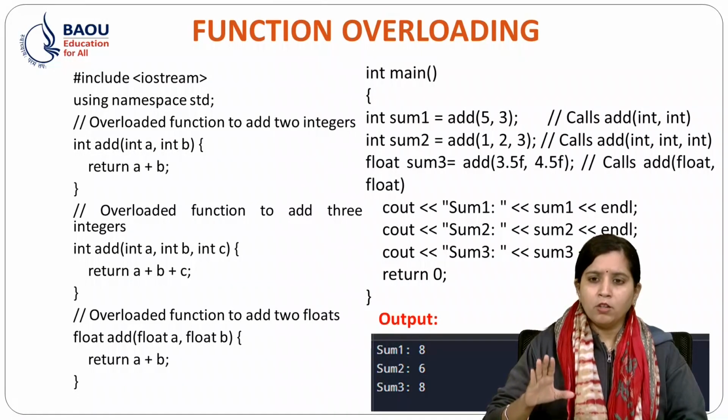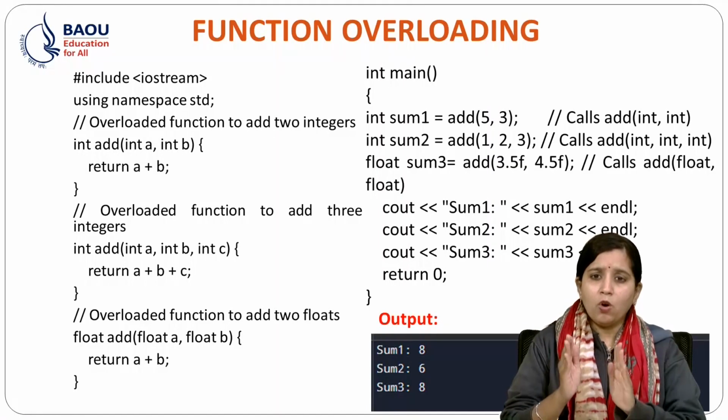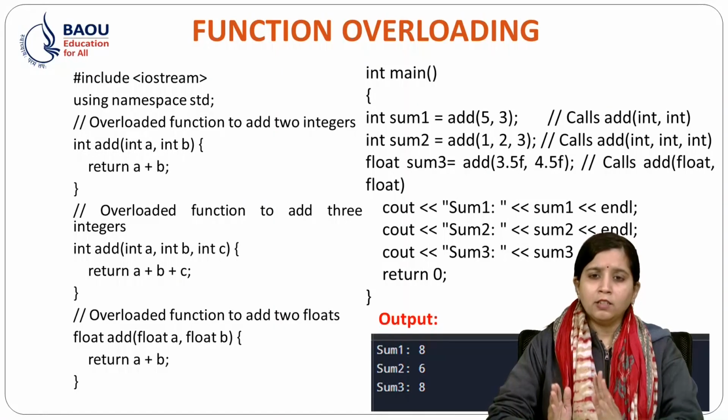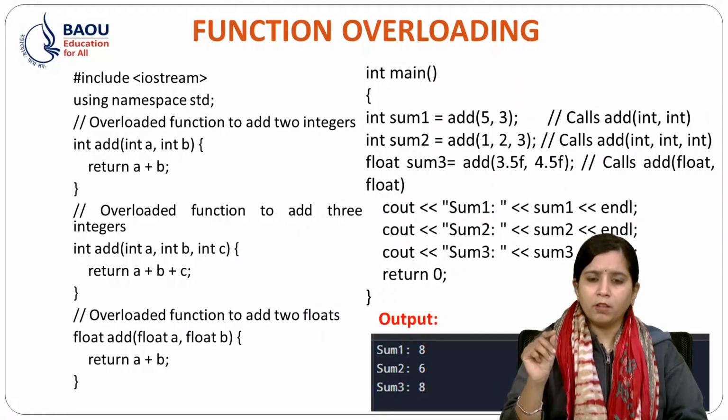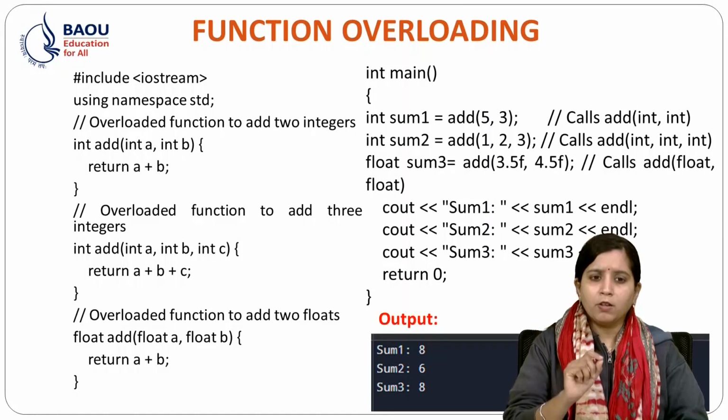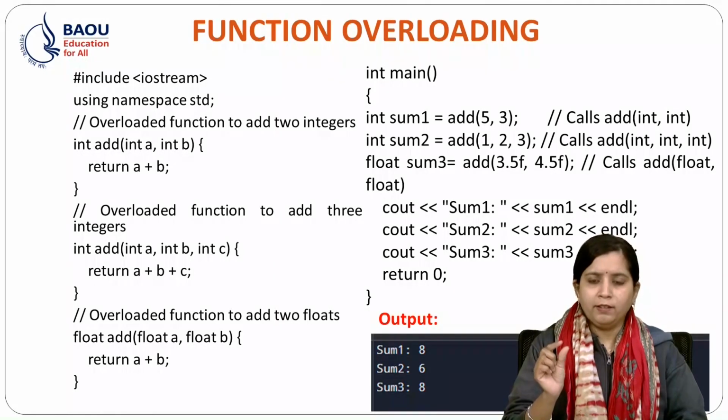I hope you know why f is written, because the data type of those parameters is float, and I am storing the result in the same data type which is returned by that function, that is float sum 3. Why float sum 3? Because I have taken the third function which has float add, that's why.